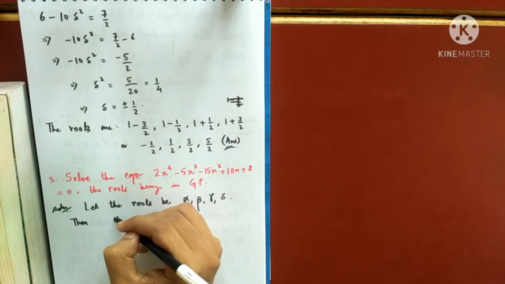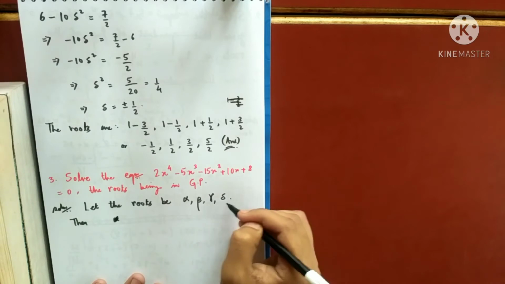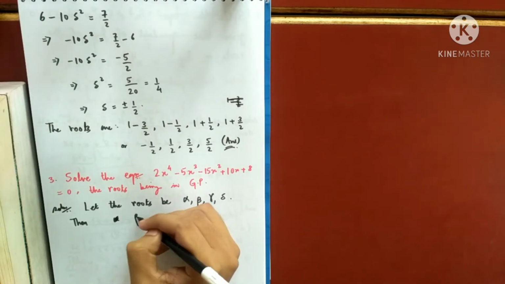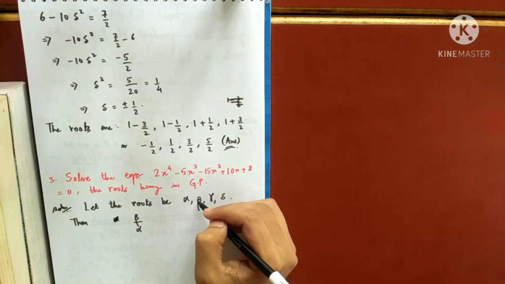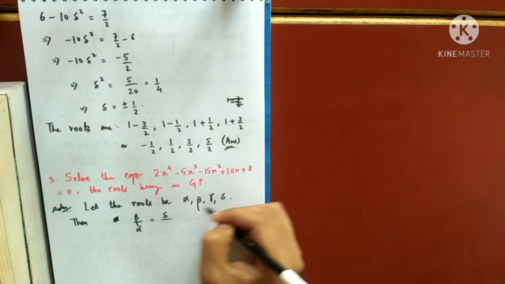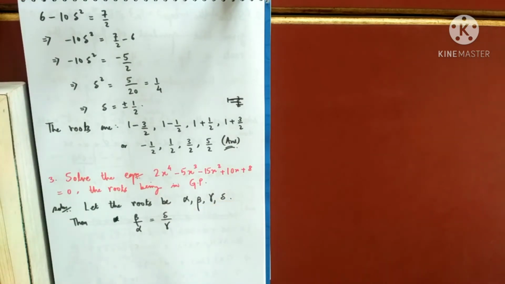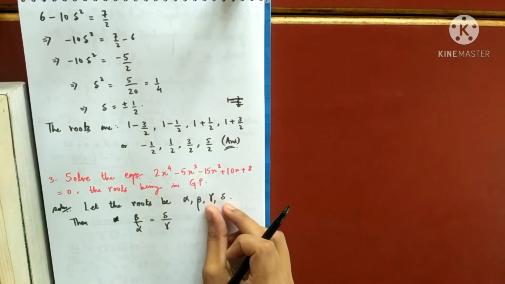Then what I know is that if they are in GP, then beta by alpha is the same as delta by gamma, right? The ratio of these two terms will be the same as the ratio of these two terms.